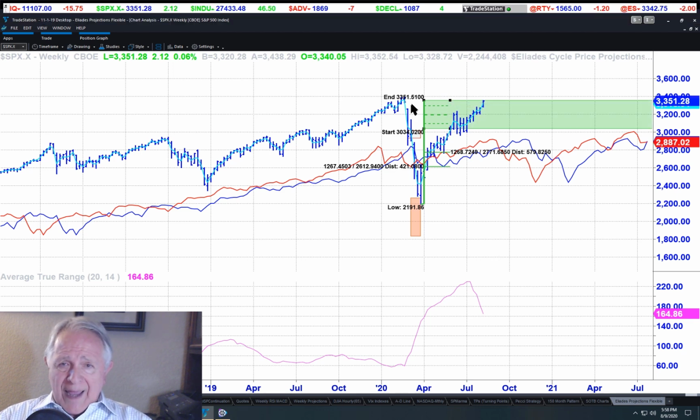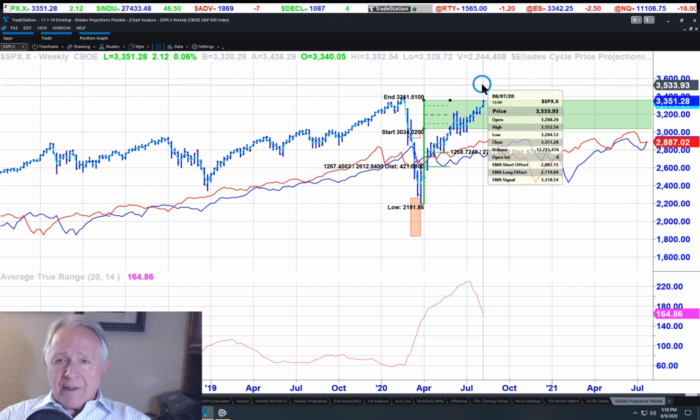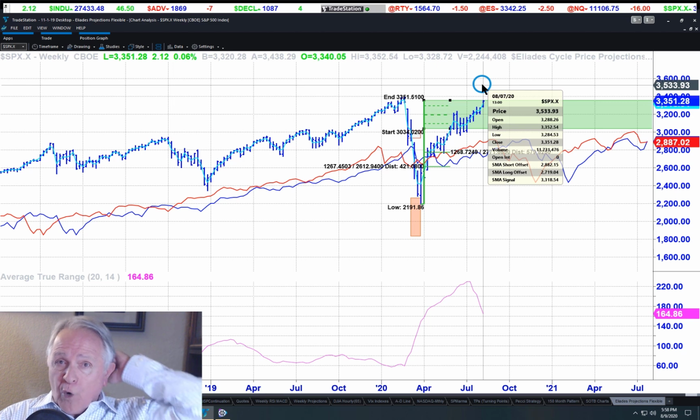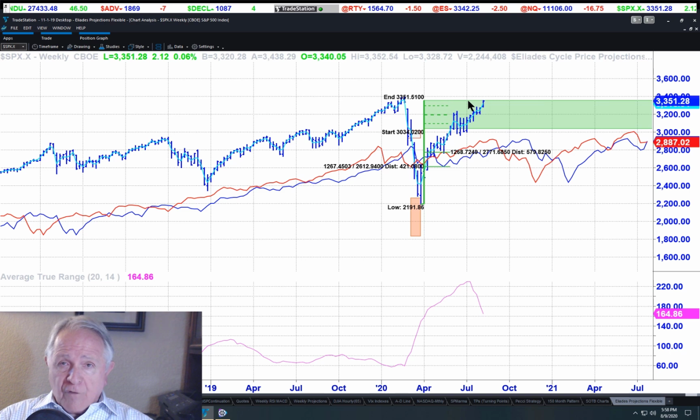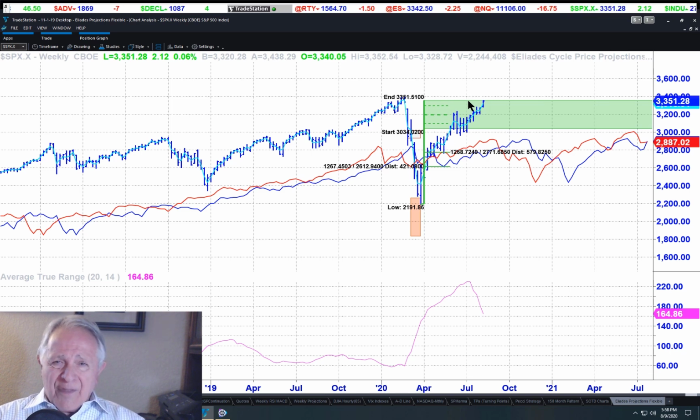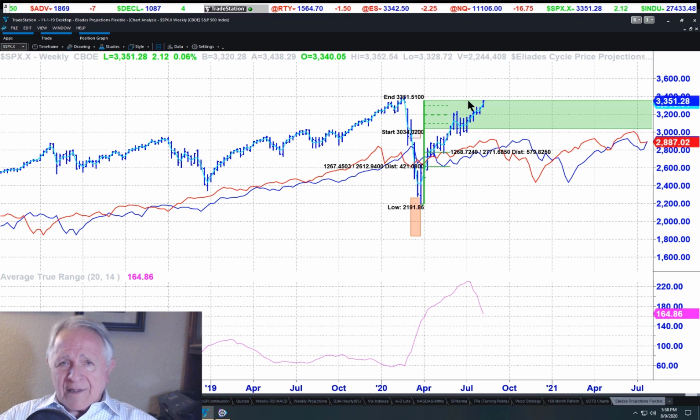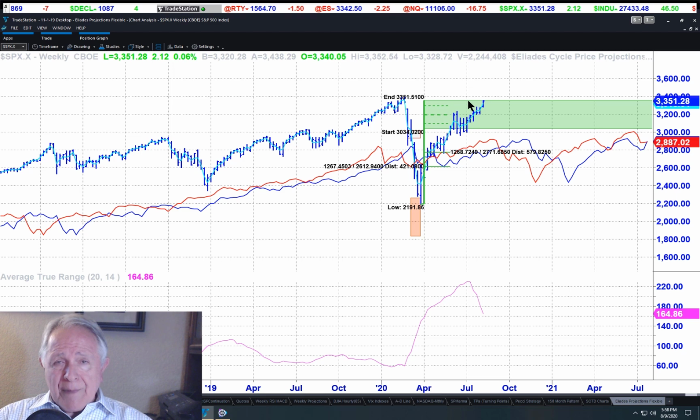The upper side of the nominal 4-year projection is 3351.51. The high last week, 3352.54, within 1 point of the upper side of the nominal 4-year projection, okay? So that's another reason that it's at least a preliminary cautionary sign, okay?